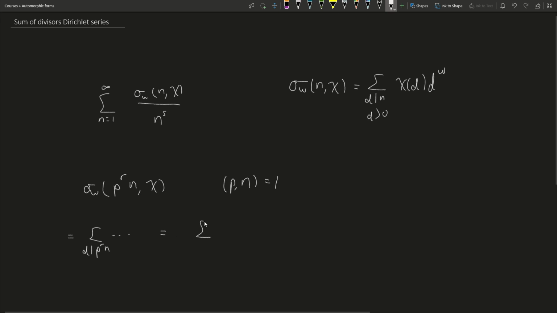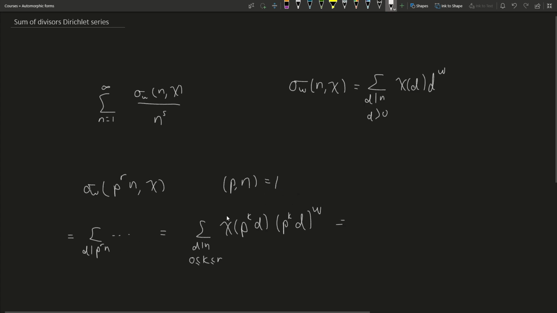This is going to be a sum over d divides n, and I'm going to say this integer k going from 0 to r of some power of p. So it'll be chi of p to the k d times p to the k d to the w. So this sum is looping over all the divisors of n because we're assuming that they're coprime.